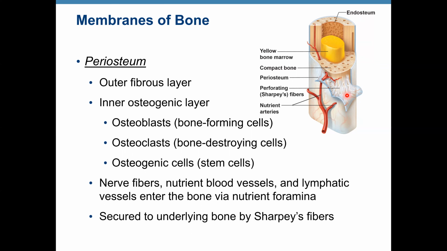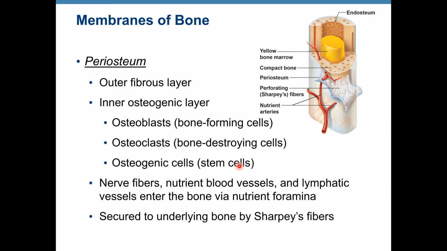Now, periosteum has an inner layer that is the osteogenic layer. Osteogenic means there are cells that can divide, right? So the cells found in the inner layer are osteoblasts, bone-forming cells, osteoclasts, bone-destroying cells, and osteogenic cells.